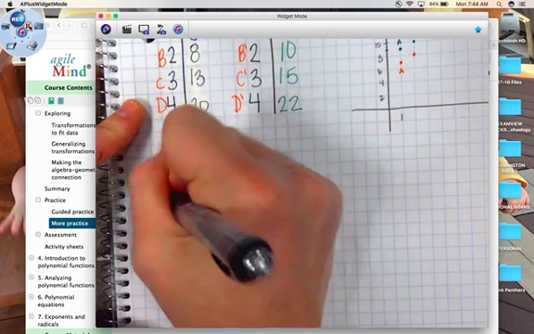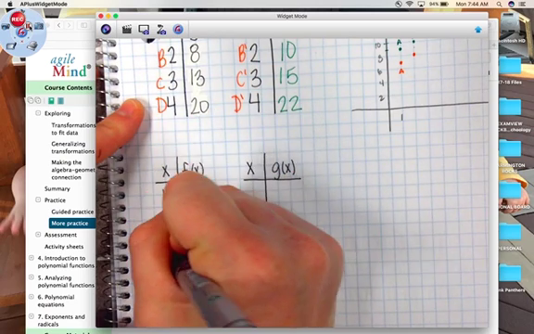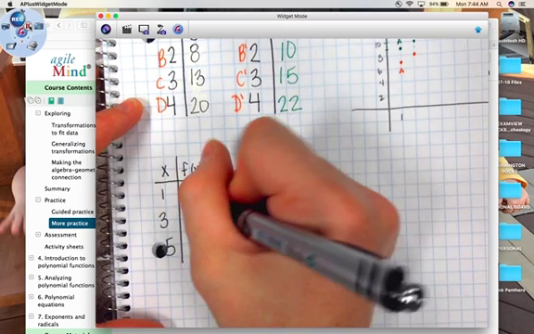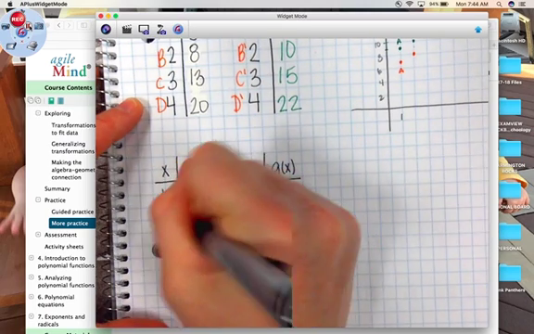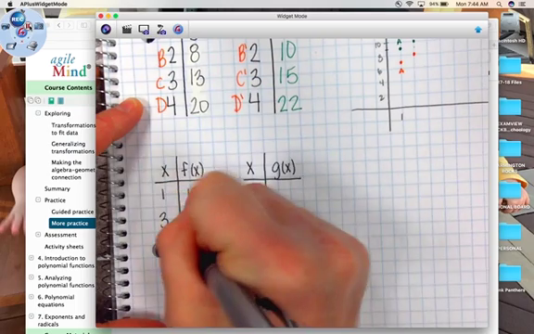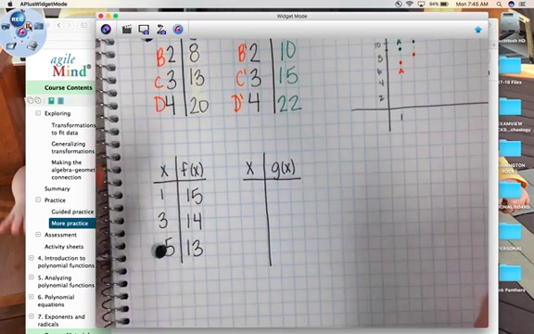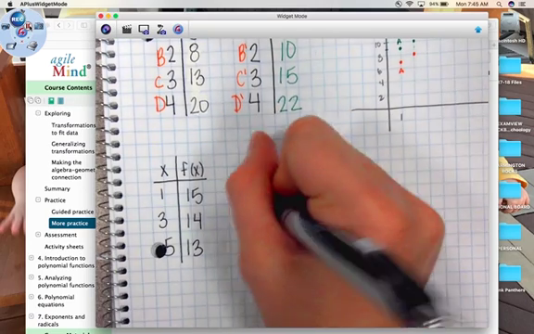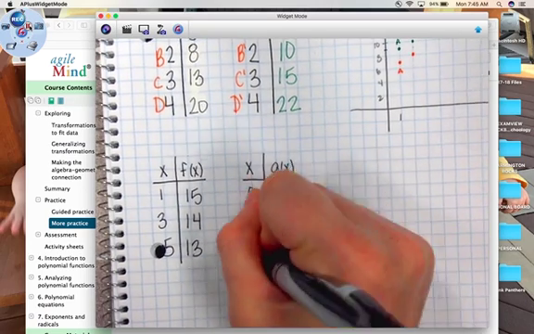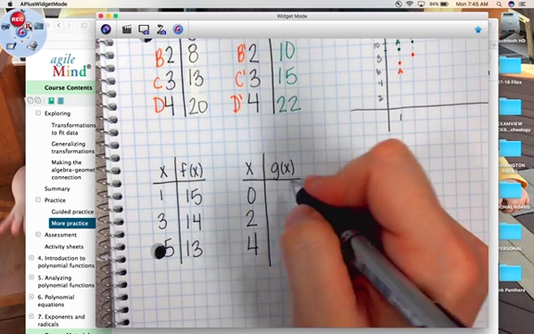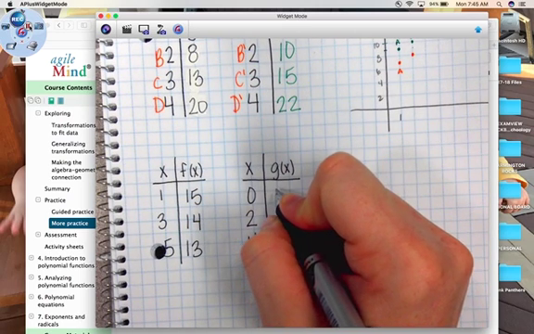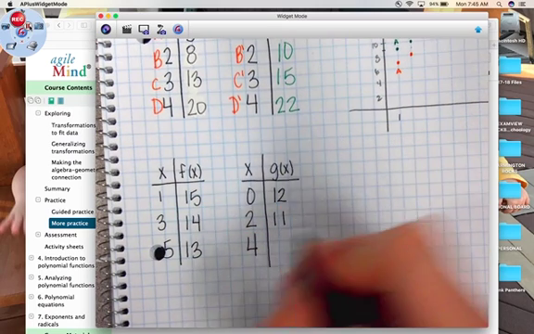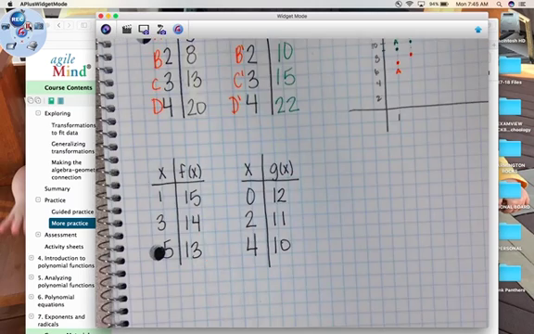So let's say I have 1, 3, 5, and I have 15, 14, 13, and then my transformed is 0, 2, 4, and then I have, let's do 12, 11, 10.